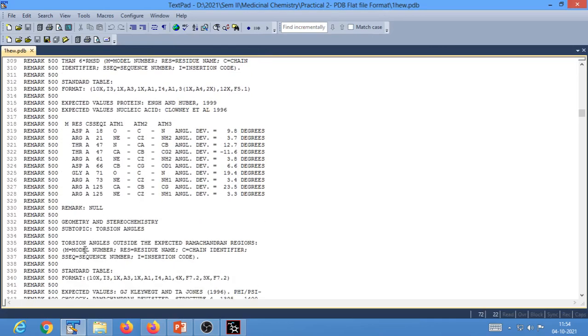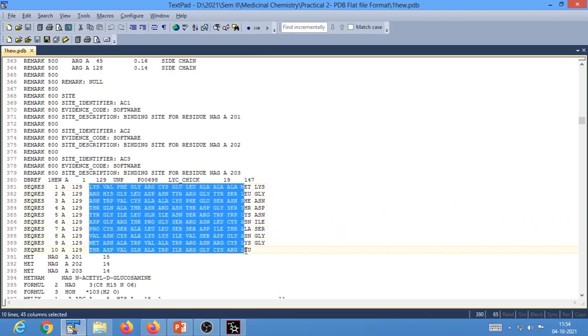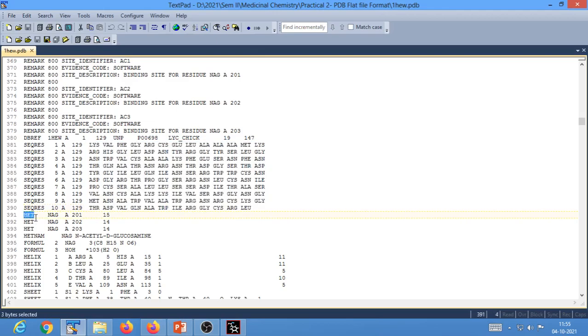So, for example, after remarks, you have the SEQRES lines that begin with the keyword sequence residue. SEQRES stands for sequence residue, right? And over here, you are provided with the different amino acid residues that are present in your protein. Along with the amino acid residues, the HET line would tell you what are the hetero groups that are present in your protein.